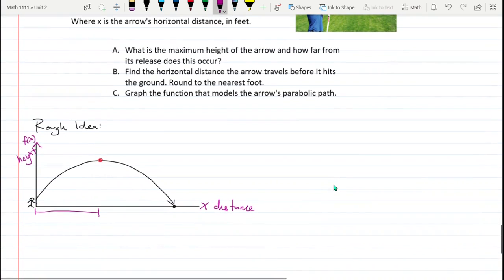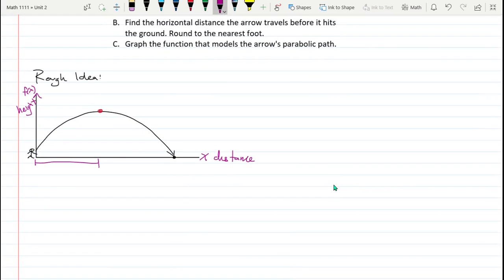Labeling the axes is super important because it gives you an idea. It doesn't say anything here, but this is what we should be thinking: the x component of the vertex point is how far away from the initial point the vertex occurs.